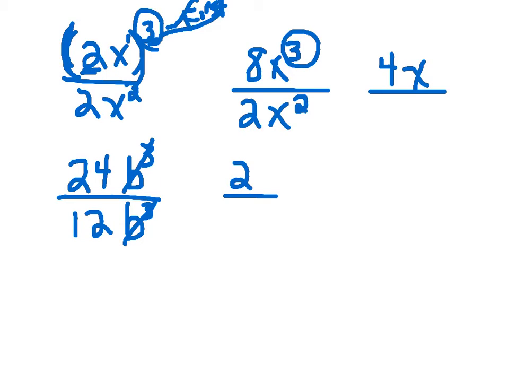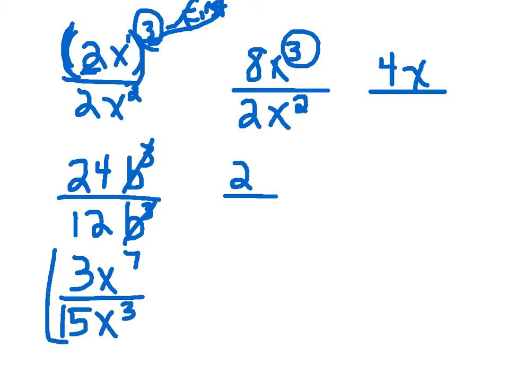I would like to do one more that has a coefficient that's a little bit trickier. Okay, here's one other, a final problem. 3x to the 7th divided by 15x to the 3rd. So I need to know how to reduce or simplify this fraction.